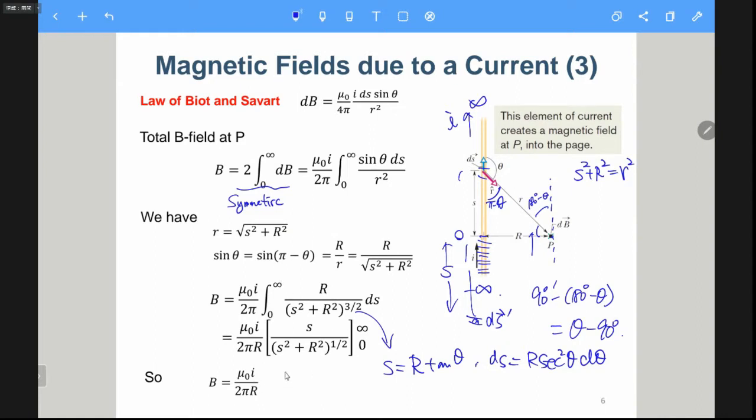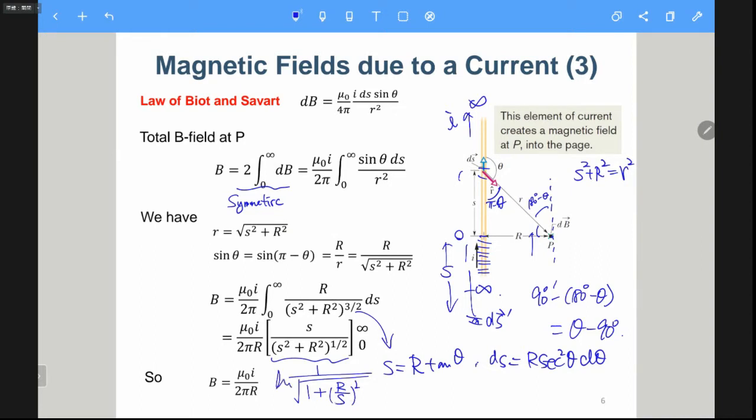If we just plug in infinity here, then it will be 1, because this term will be 1 over the square root of 1 plus R squared over s squared, like this.